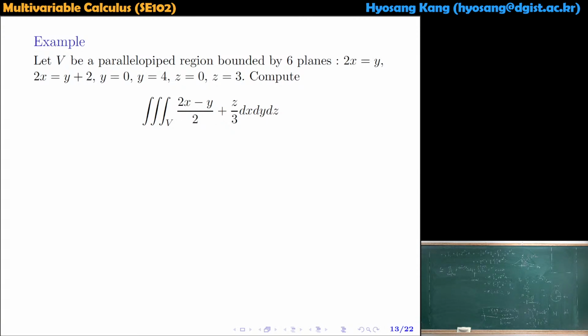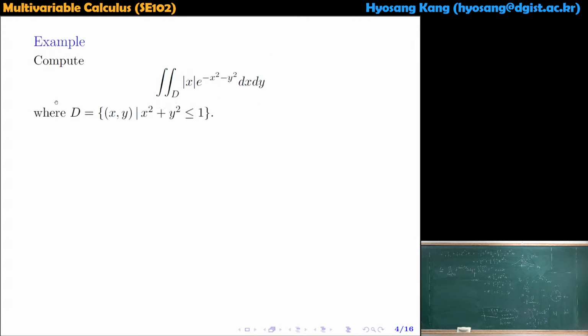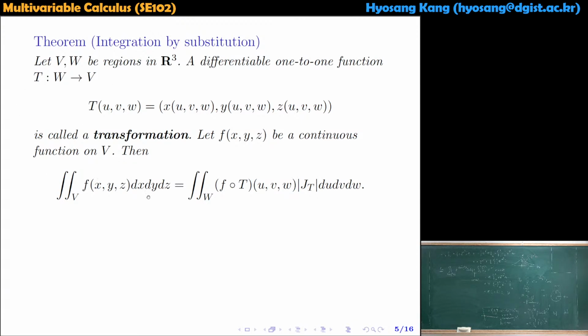So far we had integration by substitution in terms of 2 variables. We can do this the same way in the 3 variable case, in a triple integral. So, integration by substitution in 3 dimensions.